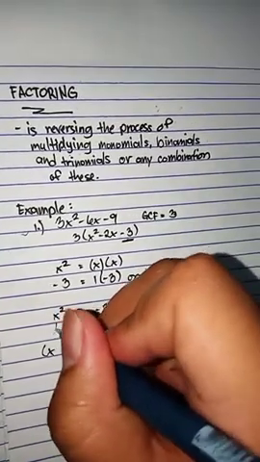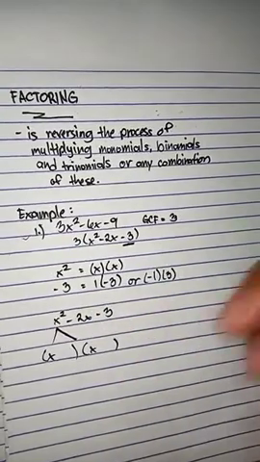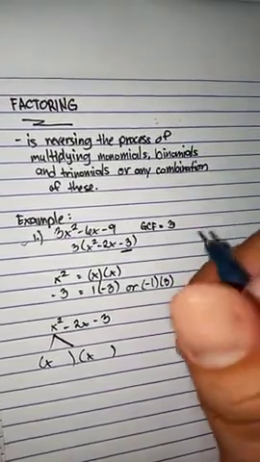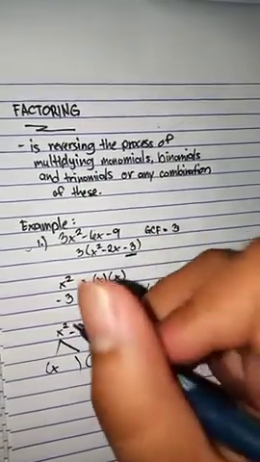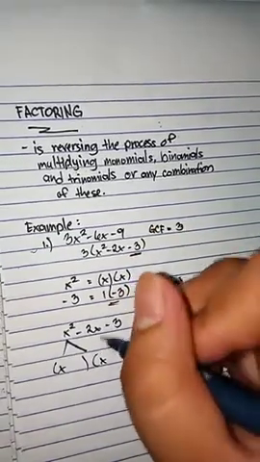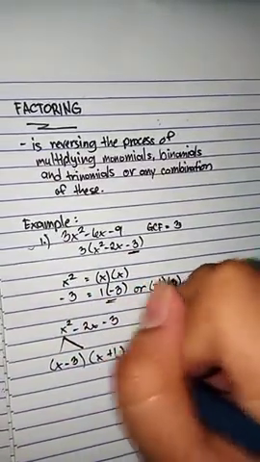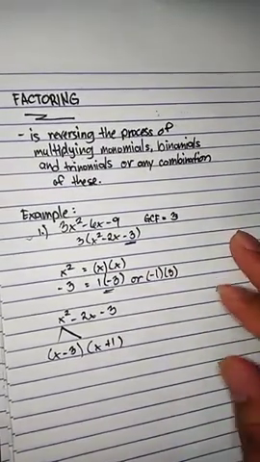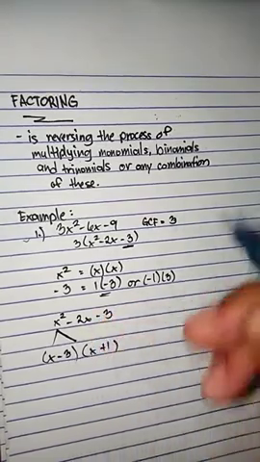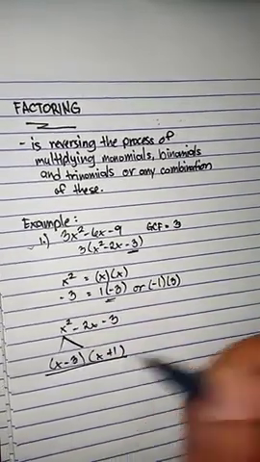Also, we just divide that in both quantities. Next, we have to add the factors of negative 3, and I'm choosing this one: negative 3 and positive 1. So after that, we have the factors of 3x squared minus 6x minus 9.